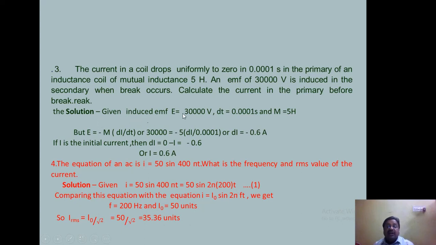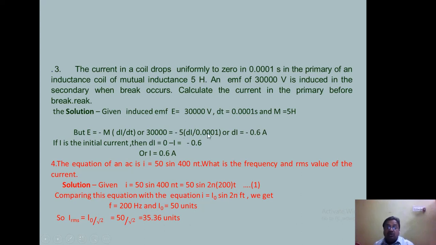Here it is given that induced EMF equal to 30,000 volt, time equal to 0.0001, means it is 10 to the power minus 4 second. Mutual inductance is 5 Henry. Again, as per principle, E equal to minus M dI by dt. Substitute the values. For E 30,000, for dI we have to calculate what is dI.